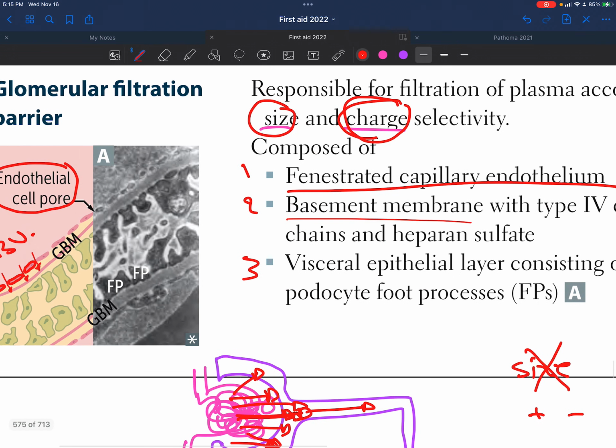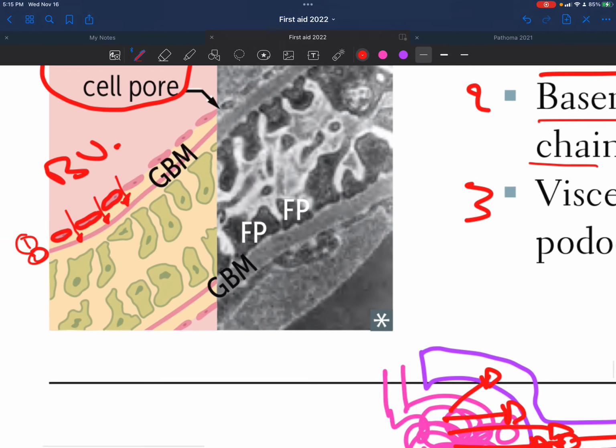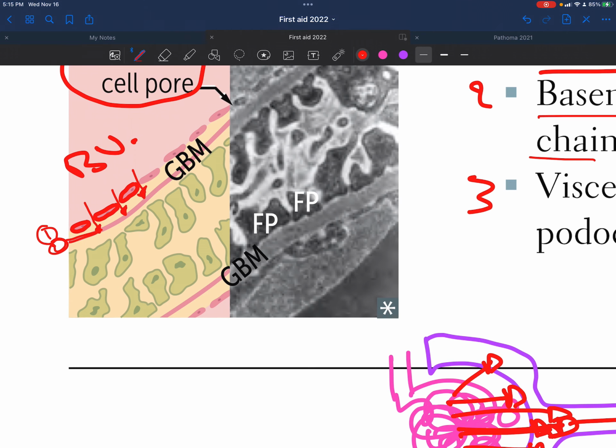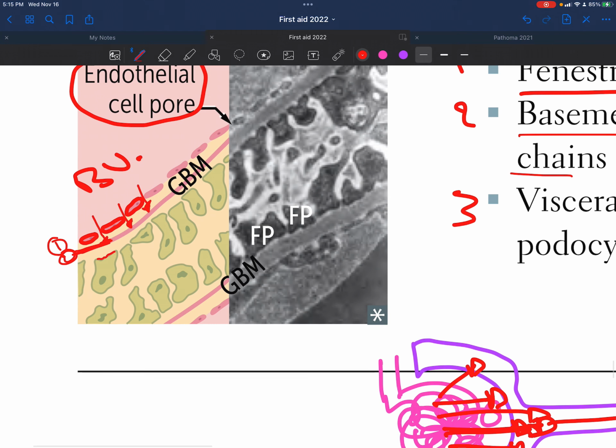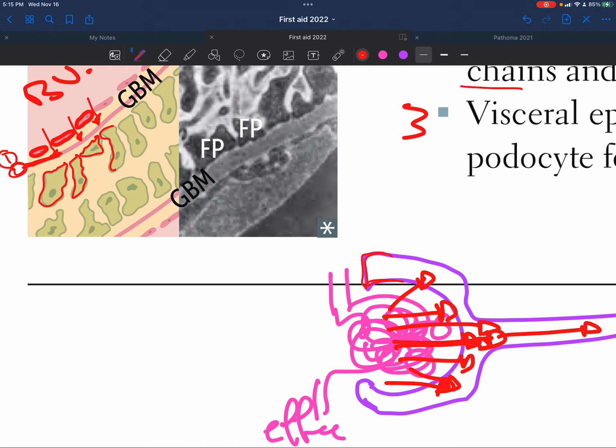Flowing from between these endothelial cells, the blood encounters the next barrier, the basement membrane, which has type 4 collagen chains and heparan sulfates. After the basement membrane, it meets the third barrier, the green things over here called the podocytes. They form part of the Bowman capsule, this purple thing, which takes blood from the glomerulus and moves it into the lumen of the tubules.